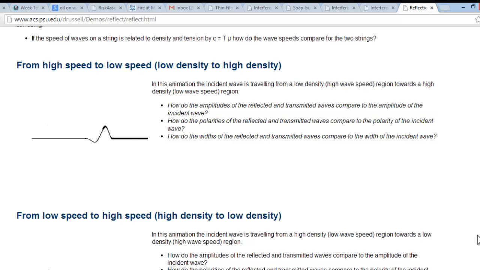So if we consider this boundary here between a high speed and a low speed medium, so for example a low density to a high density, so for example from air to water or air to oil, then once you go from a low density to a high density, you get this phase reflection. You also get transmission, and the transmission keeps the same phase. What do we see? Well, the amplitudes of the reflected and the transmitted phase are not the same. You can see that they add up to be the same as the initial amplitude, but some of it's reflected with the phase change, and some of it is transmitted.